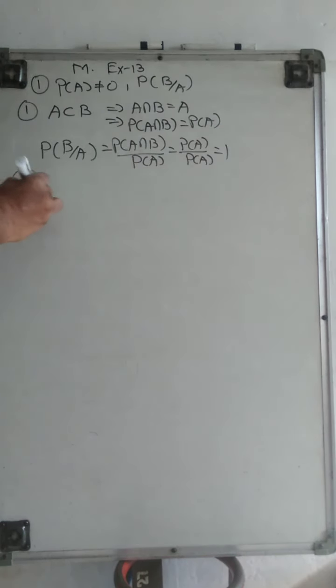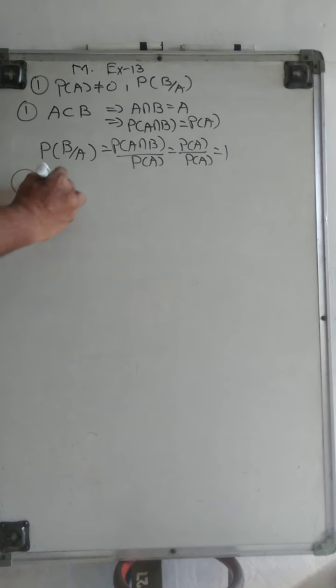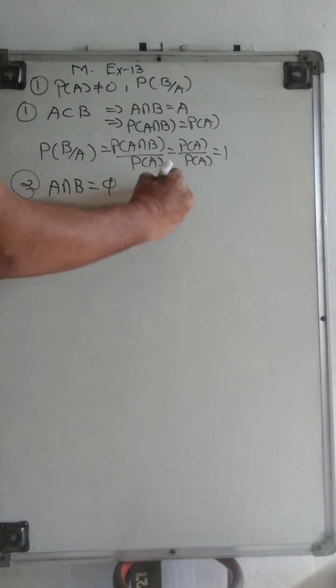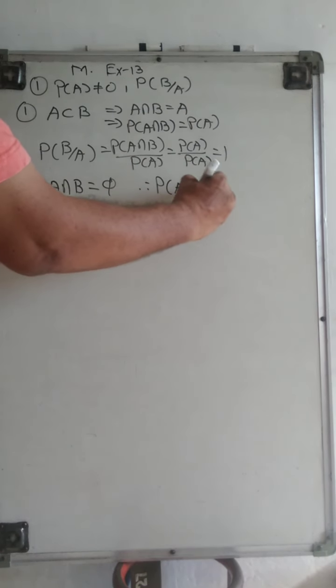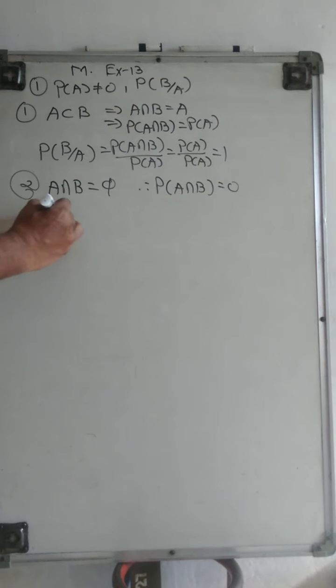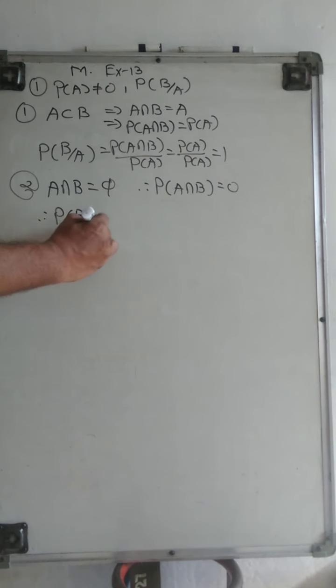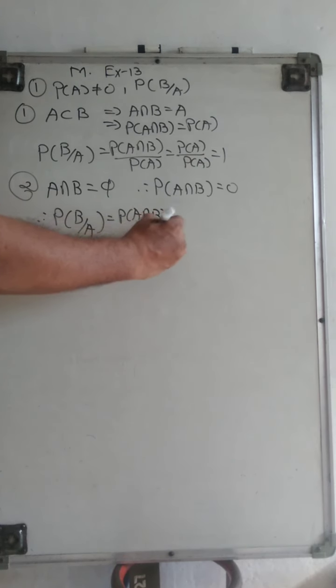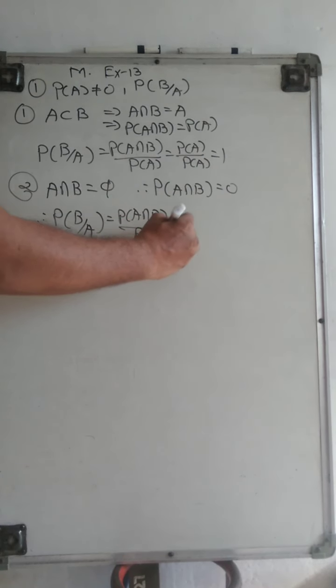And second, it is given that A intersection B is the null set. If A intersection B is equal to the null set, it means the probability of A intersection B is 0. Therefore, P(B given A) is equal to P(A intersection B) upon P(A), which is 0. Right?